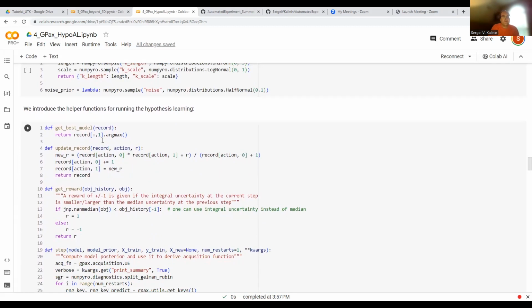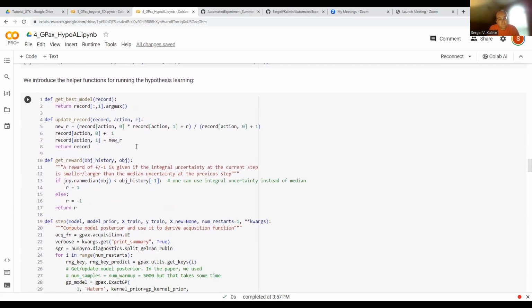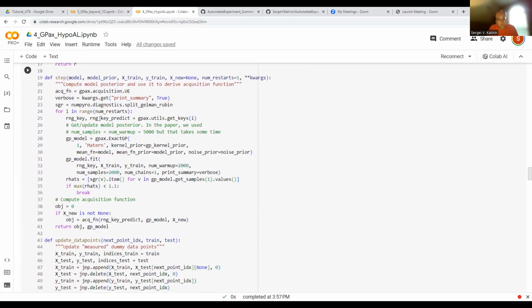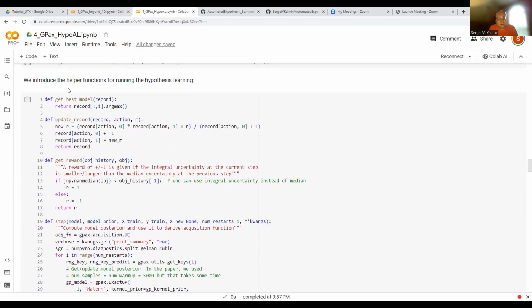So now goes the interesting part. How do we create the hypothesis learning loop? Hypothesis learning is implemented as basically providing the reward to the model that allows to minimize the predictive uncertainty most. And what you see here is the whole set of the definitions that allows us to run it.